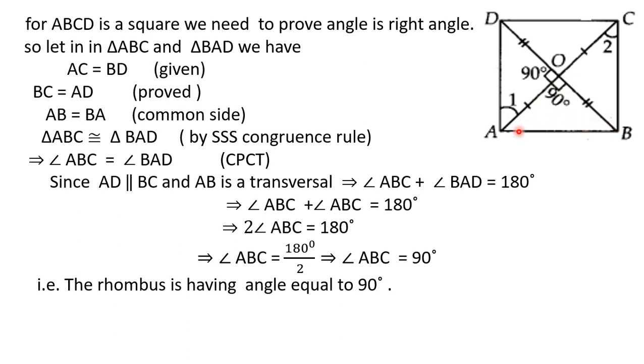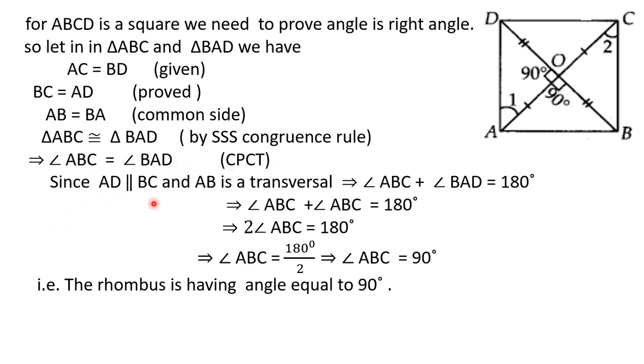So triangle ABC and triangle ABD are congruent by the SSS congruence rule. And angle ABC and angle BAD are equal as the triangles are congruent, by corresponding parts of congruent triangles.